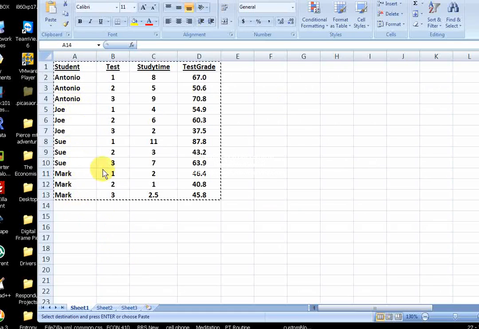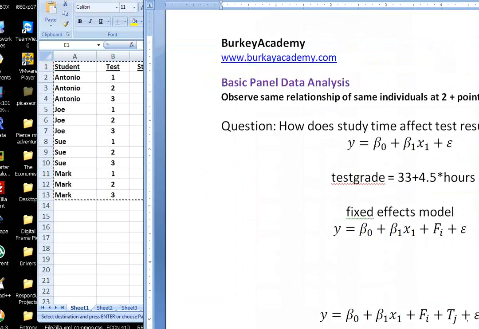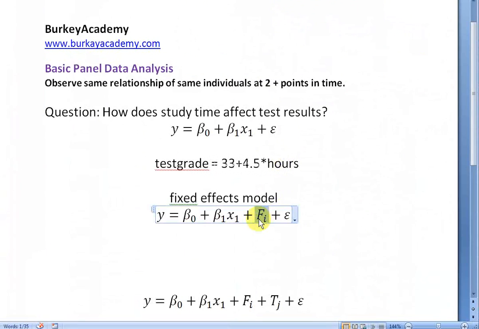The simplest way that people normally build this into a model is just to say, okay, let's add in some number, f, that is a different starting point for each person. We're basically giving each person a slightly different y-intercept.